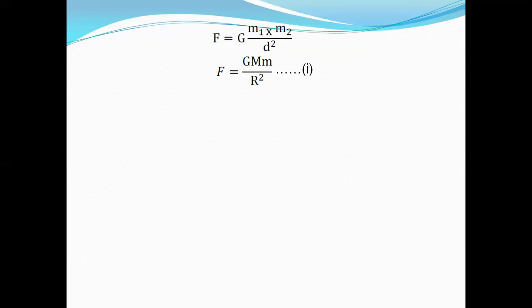From Newton's second law of motion, we have learned that force is equal to ma, where a is the acceleration. Here it is mg, where g is acceleration, but here g is called acceleration due to gravity. Let's assume this as equation 2.